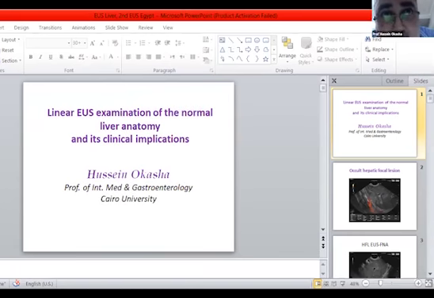It is very easy to visualize segments 1, 2, 3, 4, 7, and 8, but segments 5 and 6, and sometimes segment 7, are very difficult to visualize. But I think even isoechoic lesions can be seen if they are located in segment 2, 3, 1, or 4. You can pick it up. It has a border.